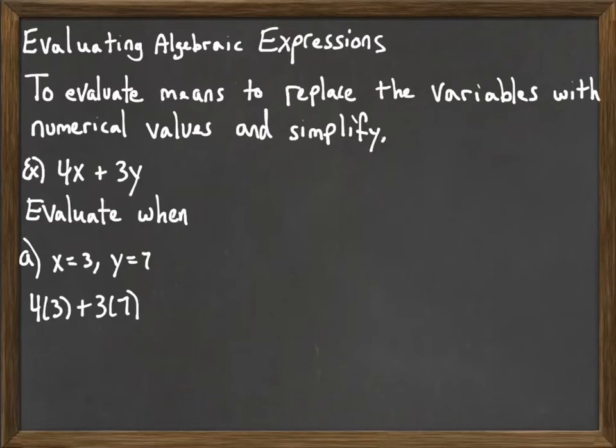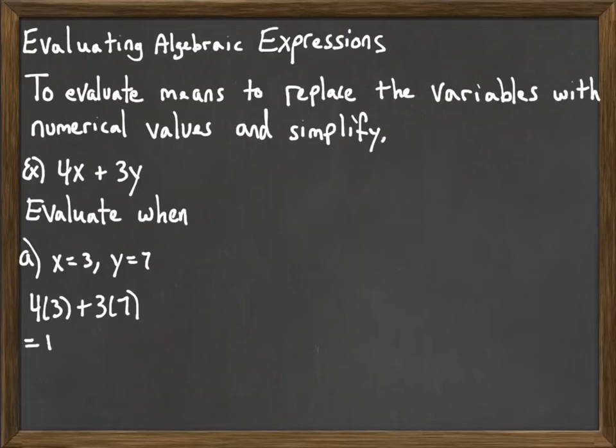Because if I instead didn't use my grouping symbols there and I just had 4 times 3, maybe I write it really lightly, I might accidentally think that's 43. So we want to make sure that we don't make mistakes, so we write things in grouping symbols anytime we're substituting it. That reminds us that it's multiplication.